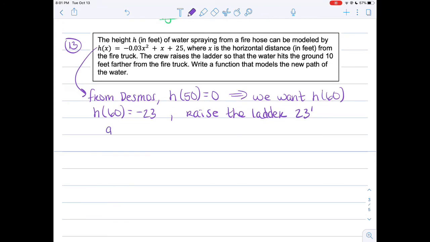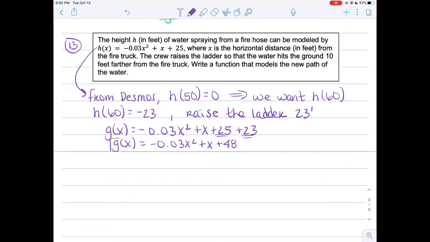So we can say that g of x is equal to our original equation, negative 0.03 x squared plus x plus 25, but then add another 23 to it. We can combine these two like terms and get a final answer: the first two terms are going to be the same, but combining the last two terms we get 48, and that is our final answer.